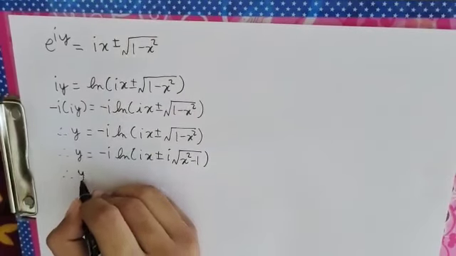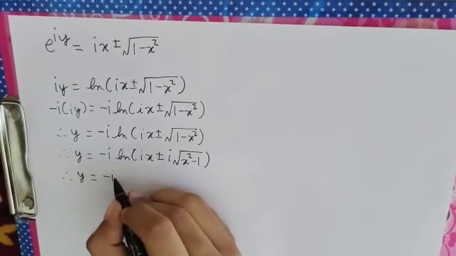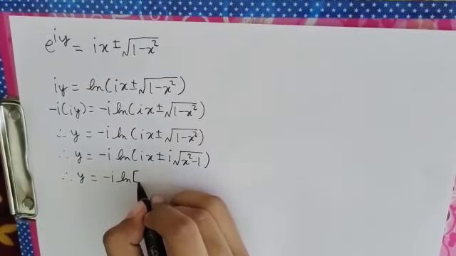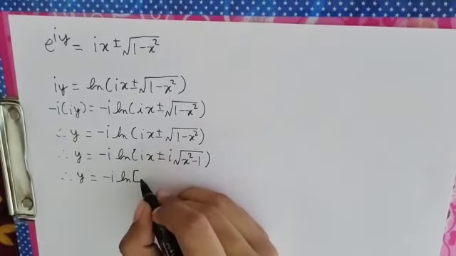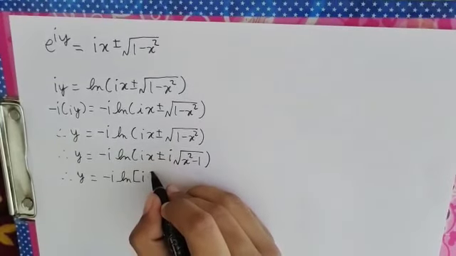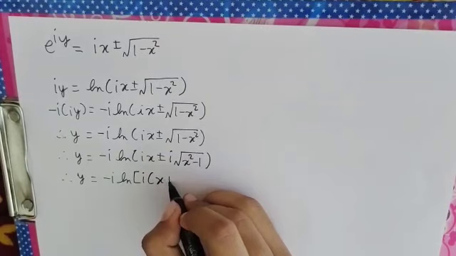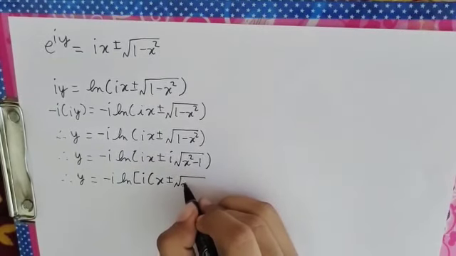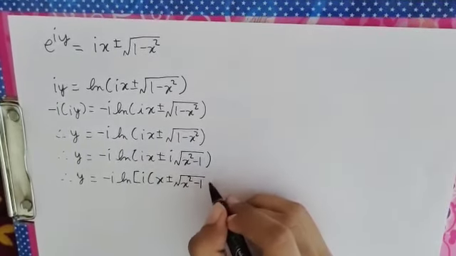Therefore, y is equal to minus i ln, taking i common, of i times (x plus minus root of (x^2 minus 1)).